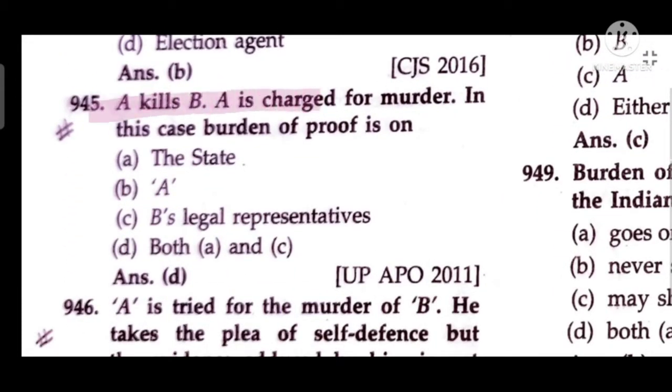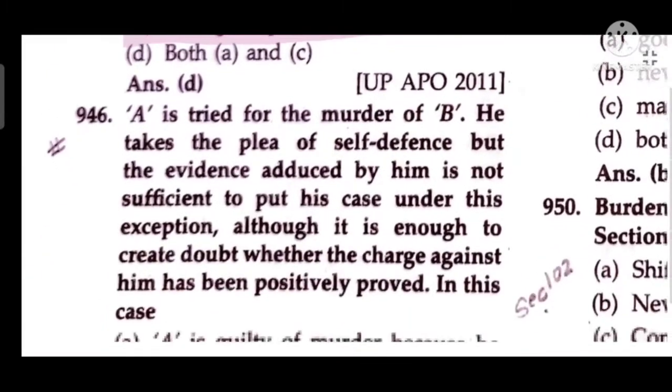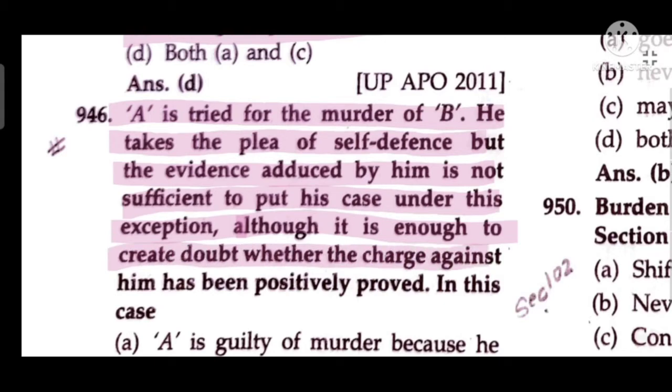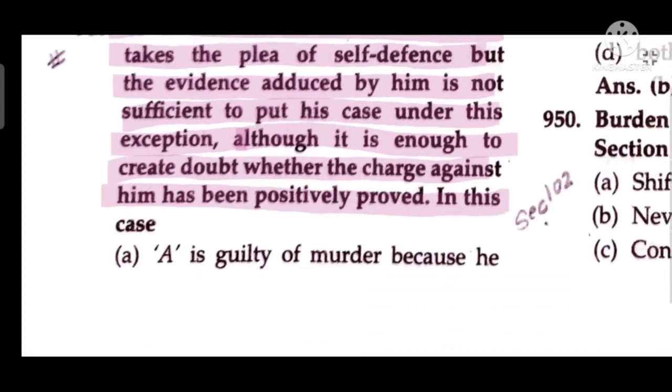A kills B. A is charged for murder. In this case, the burden of proof is on the state, B's legal representative. A is tried for the murder of B. He takes a plea of self-defense, but the evidence adduced by him is not sufficient to put his case under this exception, although it is enough to create a doubt whether the charge against him has been positively proved.